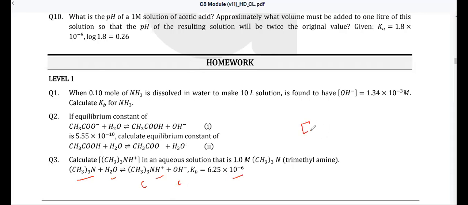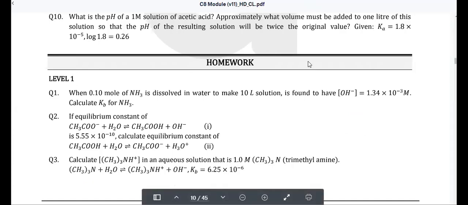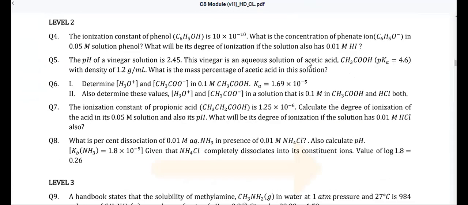We know that the concentration of OH minus is equal to the concentration of (CH3)3NH plus, which is equal to root of Kb into C. Kb is given, C is given; putting the formula, you can find it. So the first 3 were formula putting.